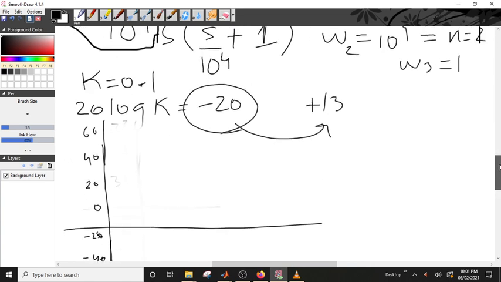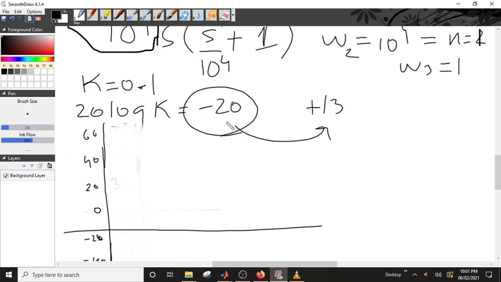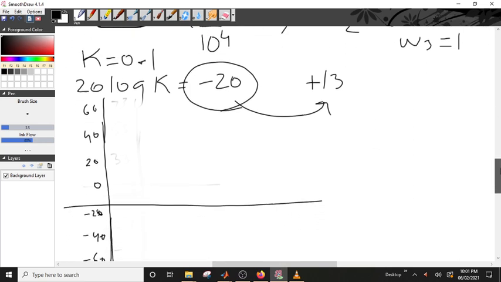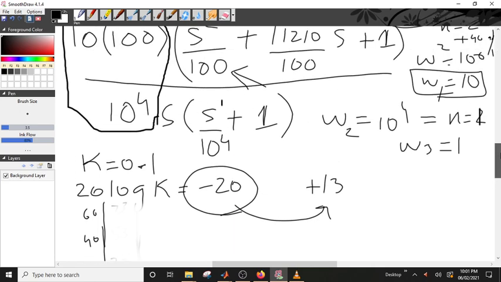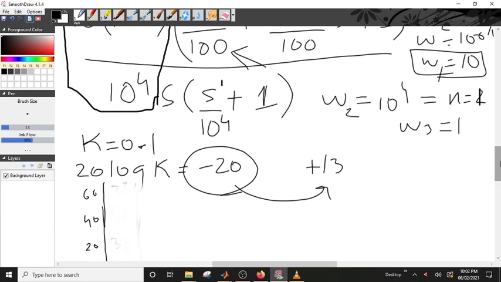So now if this is the case, we have found the 3 break frequencies, but we should draw the 3 lines. As there are 3 break frequencies, we'll draw 3 lines based on the concept that I have provided. So this omega 3 is the pole at the origin.